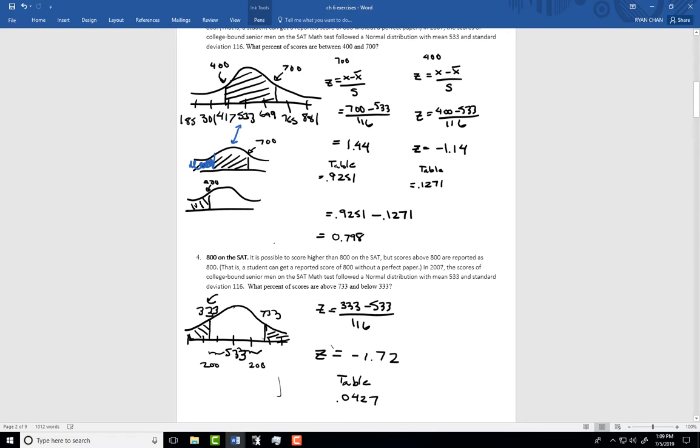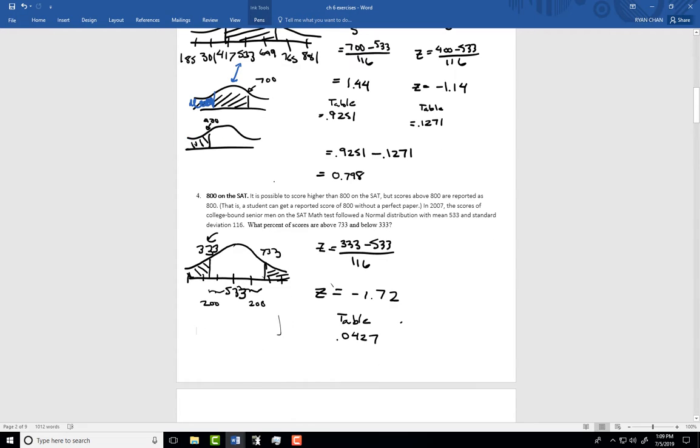Okay, but since it's two-tailed, I'm just going to multiply it by 2. So I do 0.0427 times 2. And I get 0.0854.